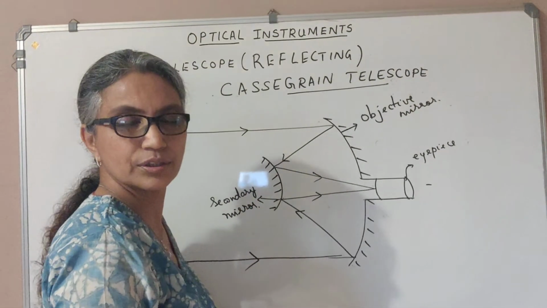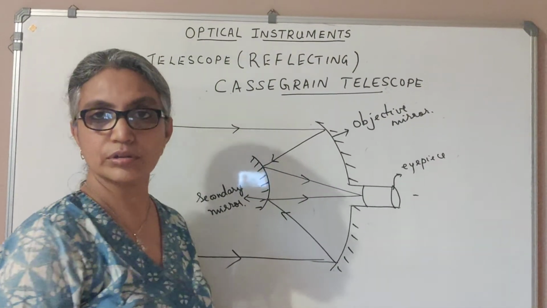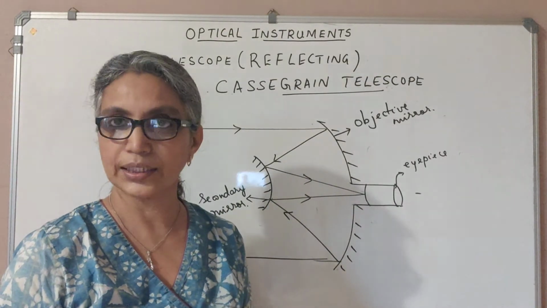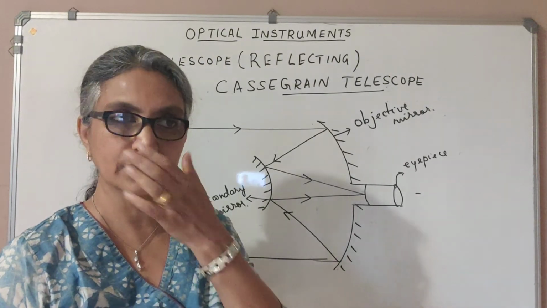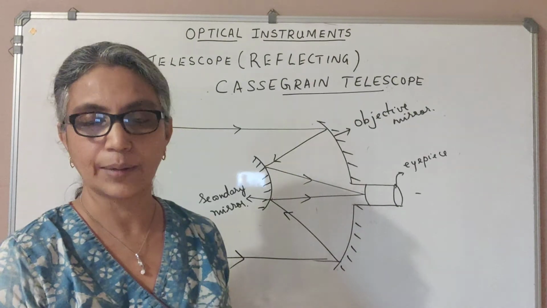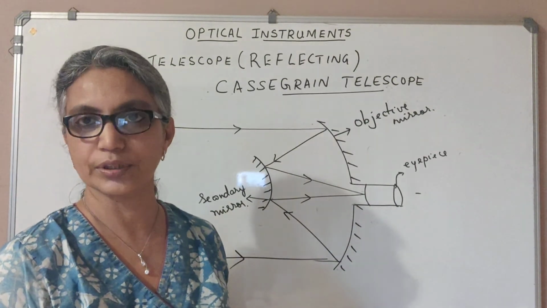You don't have any derivations, you only need to know the ray diagram. Also know its advantages. Being a mirror, it is lighter than a lens, so easier to carry around, less expensive, and it does not have the aberrations that a lens would have.